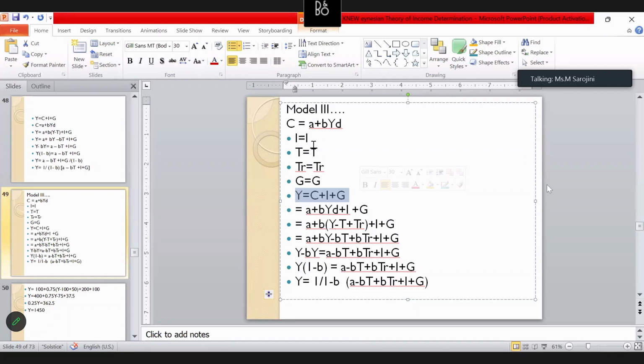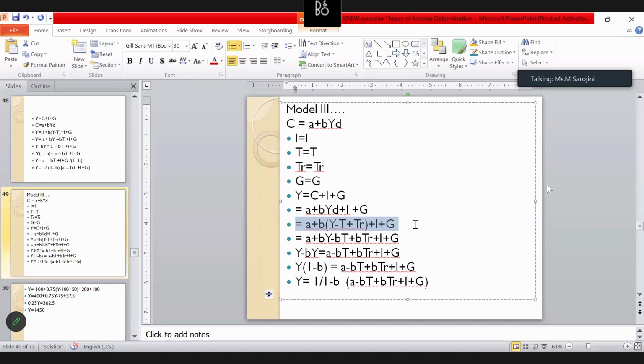Therefore, we have to subtract the T from the income and add the TR to the income. Therefore, this is the equation, right? That means A plus B, Y minus tax plus TR transfers, plus the balance things as they are.